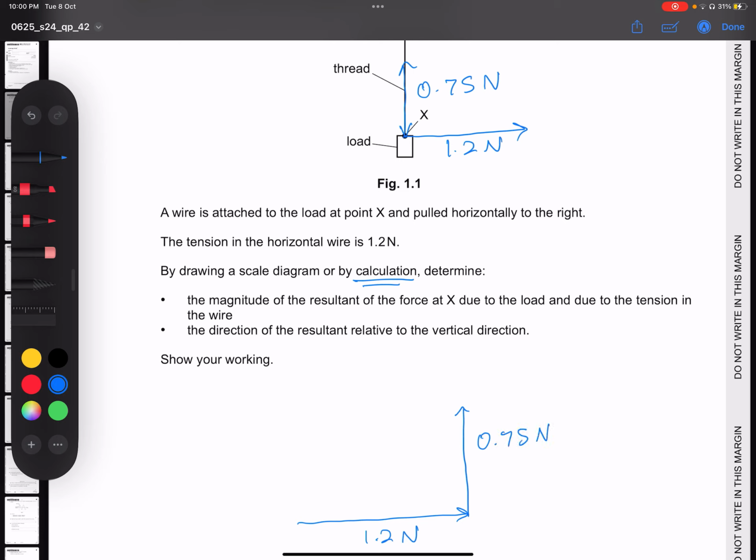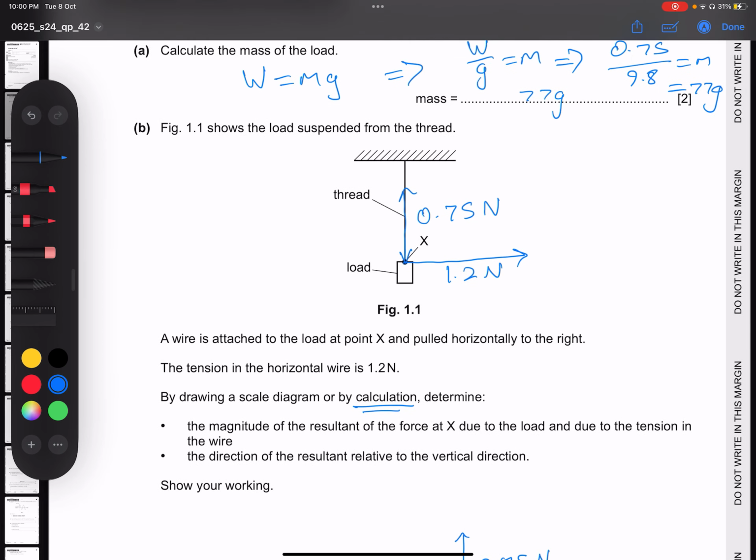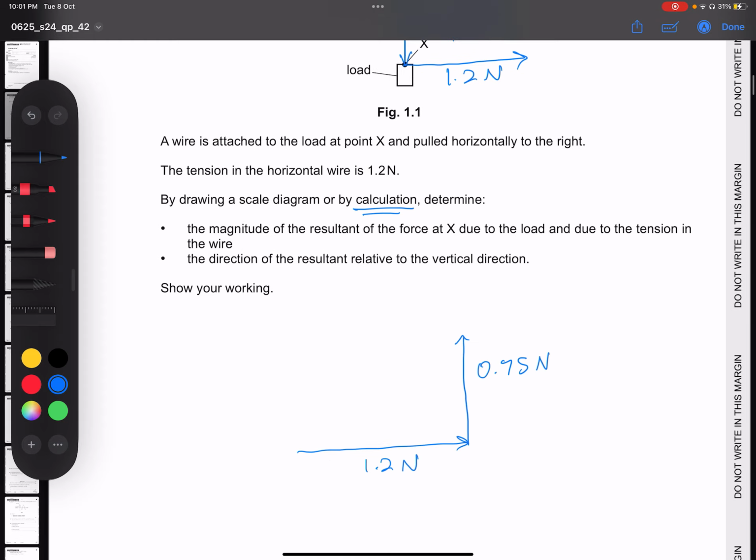Remember that the force here is moving upwards, since the tension on the thread due to the weight is moving upwards. There is always a force pulling it upwards at the same magnitude of the weight that's pulling it downwards. So the tension in the thread, which is the force acting here, would just be 0.75 Newton. Just make sure that you understand that.